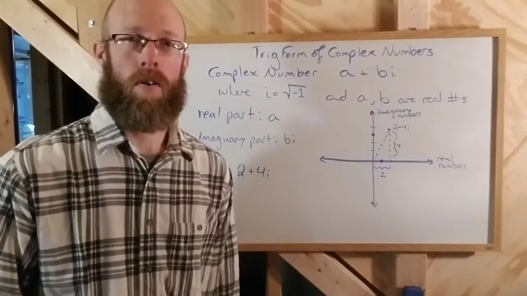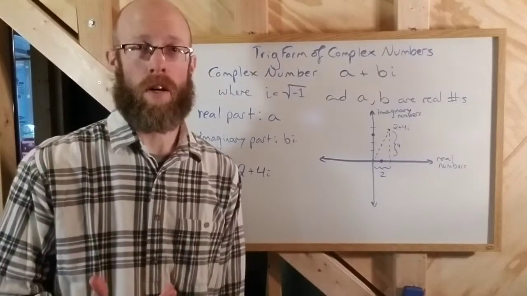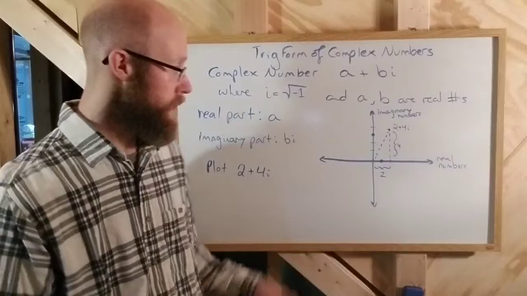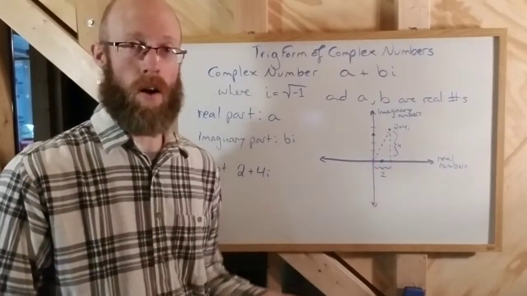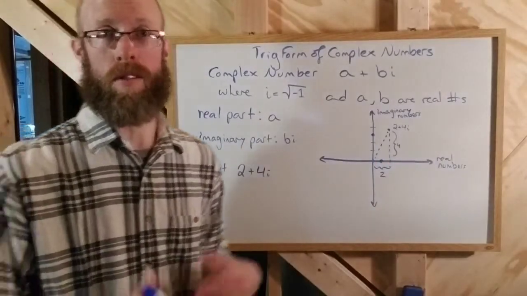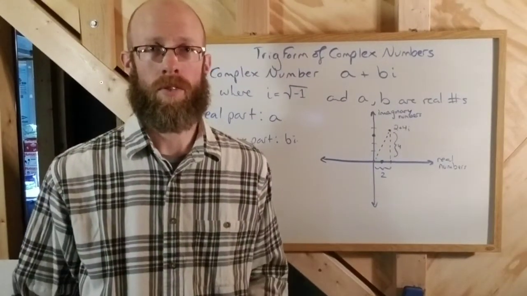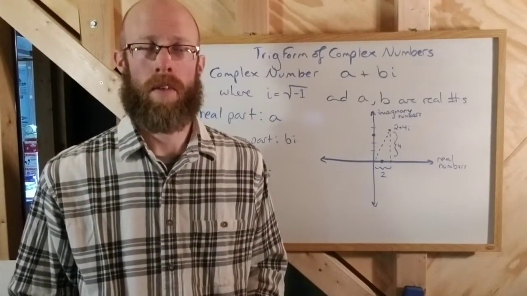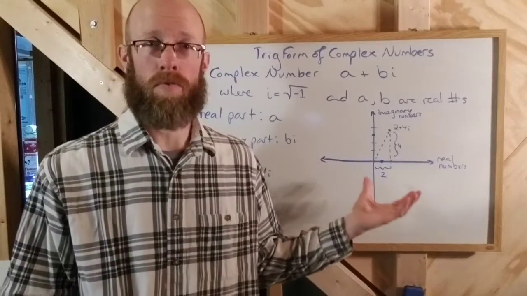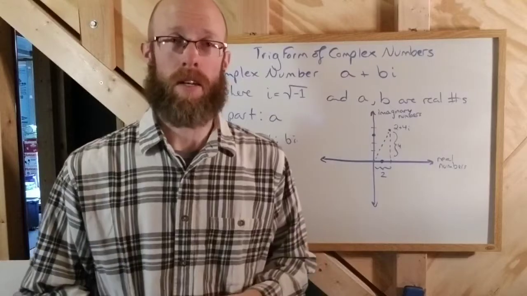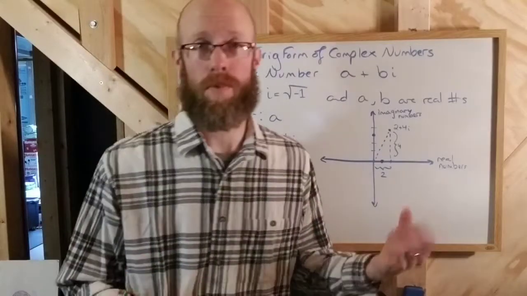Now, when we deal with real numbers and you take their absolute value, you're getting the distance from that real number to 0. An absolute value is defined as the distance between a number and 0. We can do that with a complex number as well. The absolute value of a complex number, or what we call the modulus of a complex number, is its distance from 0.